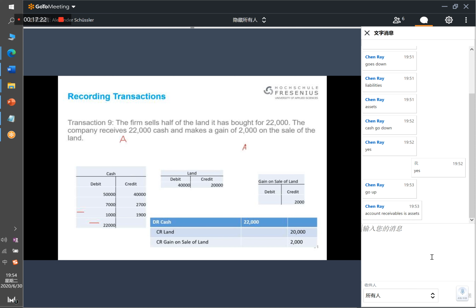The next one, the firm sells half of the land it has bought for 22,000. The company receives 22,000 cash and makes a gain of 2,000 on the sale of the land.